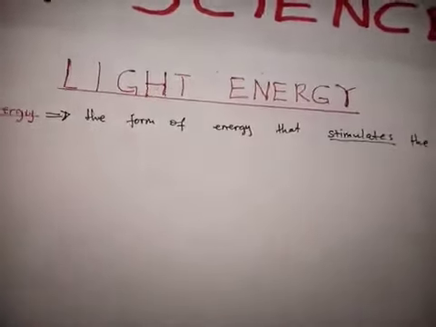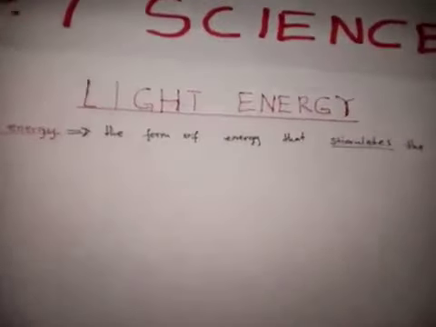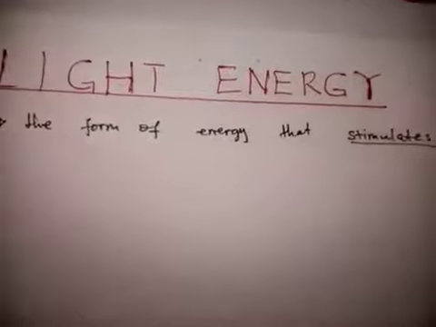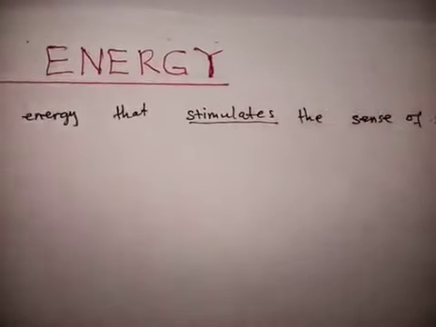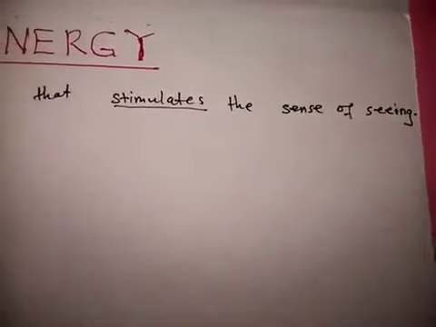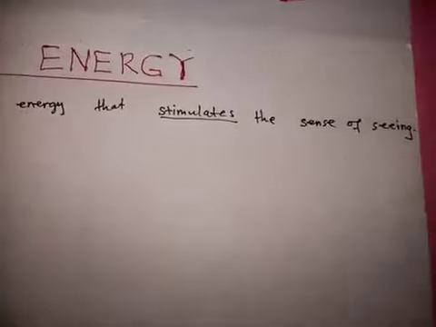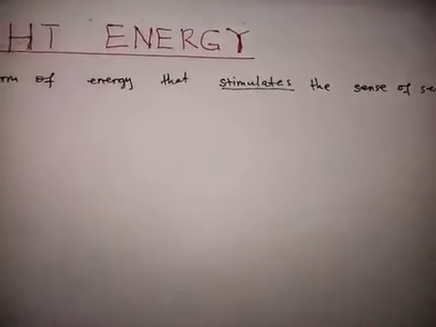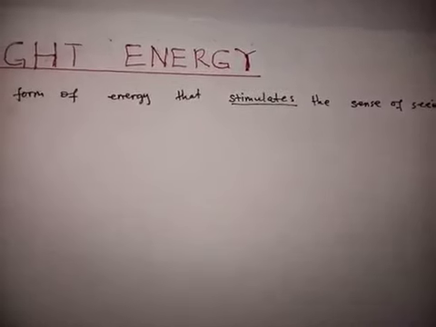So as you can see, light is the form of energy that stimulates the sense of seeing. To stimulate is to encourage something into action, or to incite, or to induce. So what enables us to see is this light.